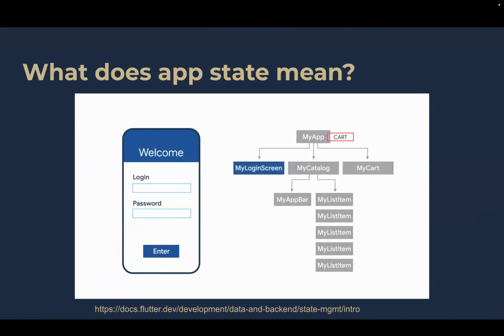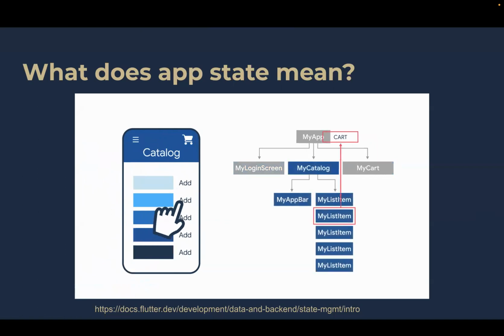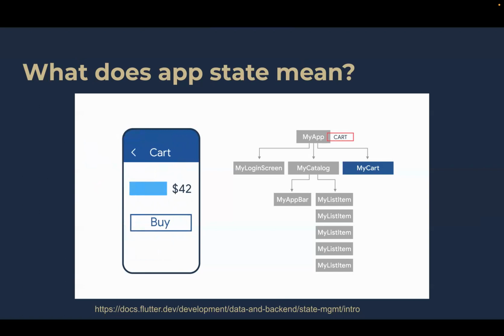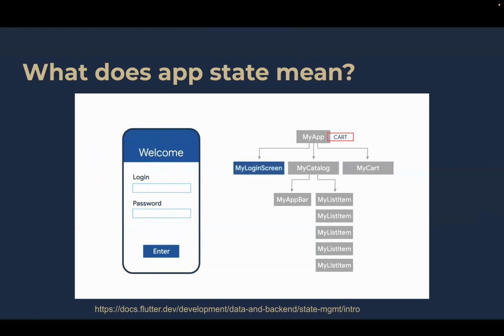So if you click on a catalog item and click add, then you'll want to be able to add that item to your cart. And so basically any responsive app has this problem of effectively and cleanly sharing state and being able to update that state throughout your app.